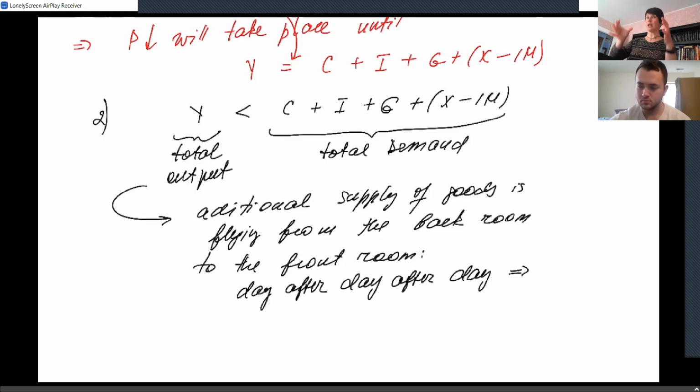Pretty much soon, leaving you with very little additional supply left in the back room. So your additional inventories just disappeared. Inventory levels just dropped. Your back room is almost empty, okay?